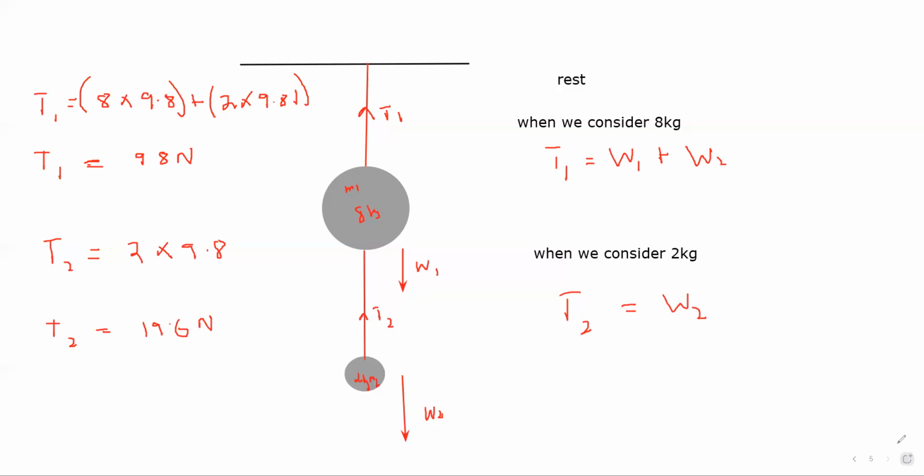Then objects can be attached by a pulley. So if objects are attached by the pulley, the objects can be stationary or accelerating.